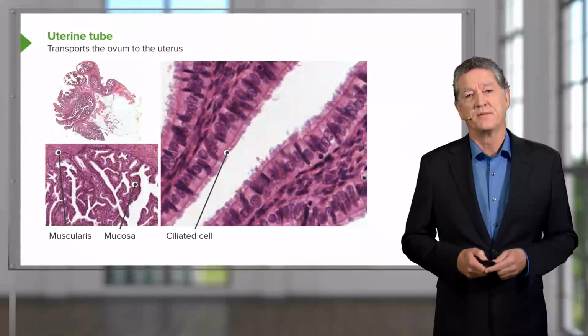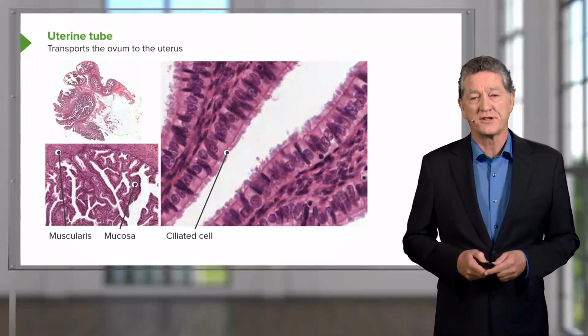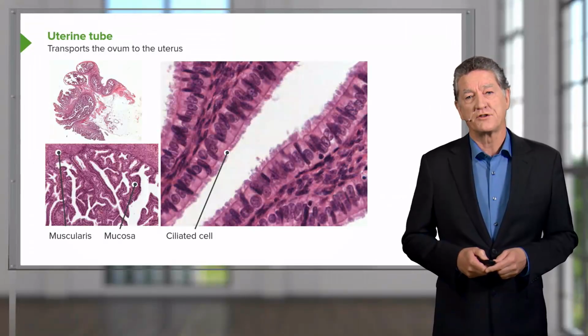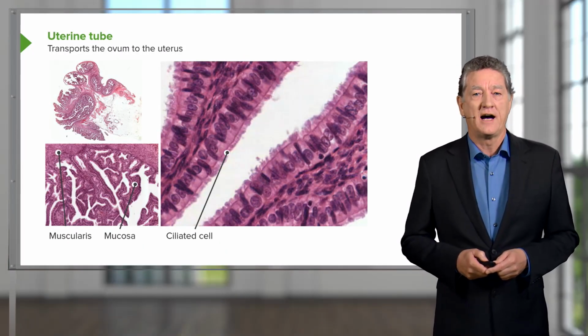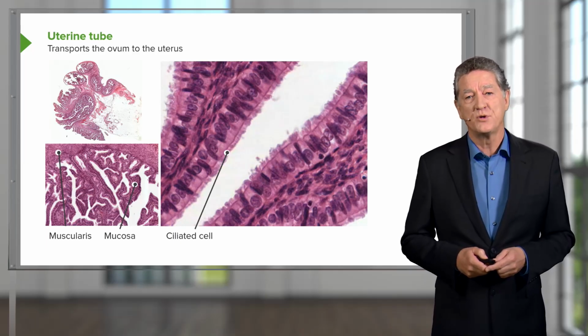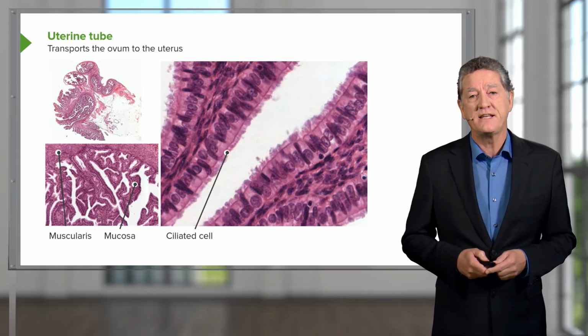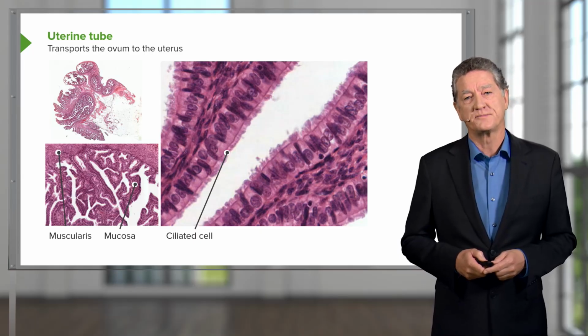The epithelium has 2 sorts of cells. It has a ciliated cell. You can see the cilia here, and the little dark pink line running along the surface of these cells are the basal bodies in which these cilia are attached, and they all beat together to move fluid along and to move the oocyte along and also the sperm along so they meet each other for fertilization.